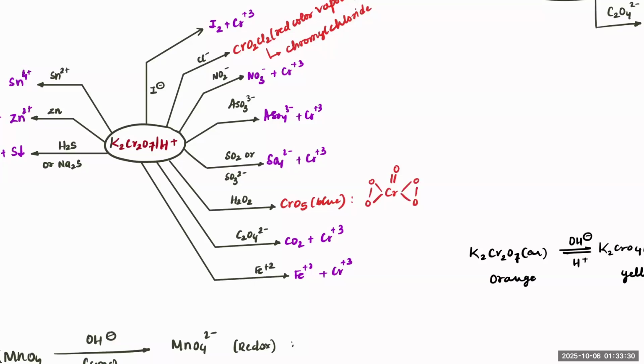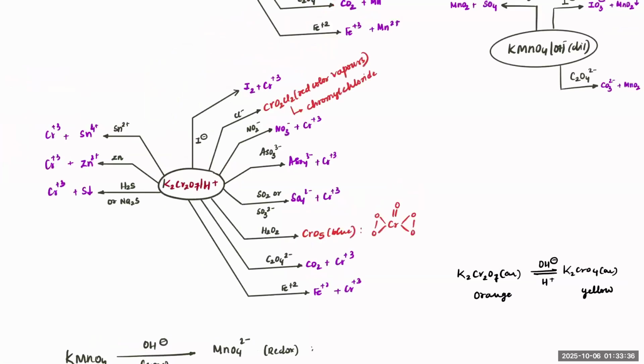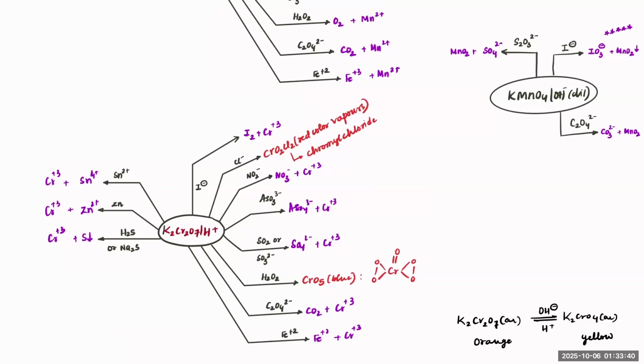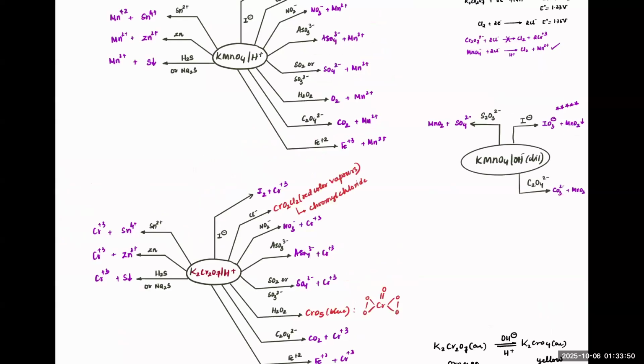It is tetraperoxy chromium oxide. So you notice that peroxide and chlorine, both of them are relatively stronger oxidizing agents than K2Cr2O7. Okay, now you guys can make a note.